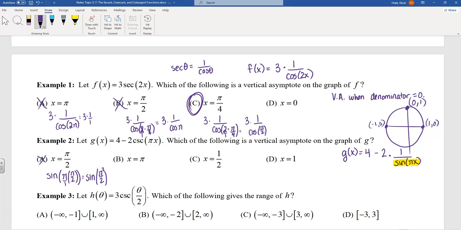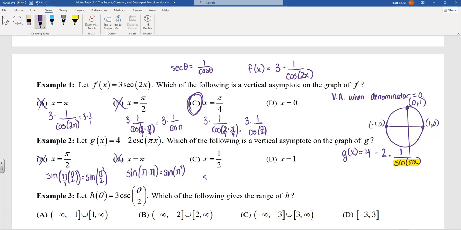It's not going to be that one because your values that give you 0 definitely come from the unit circle, right? I could also try this one, sine of pi times pi, and that would be sine of pi squared. Is pi squared on the unit circle? No, not it. So the ones that have pi in it are out.